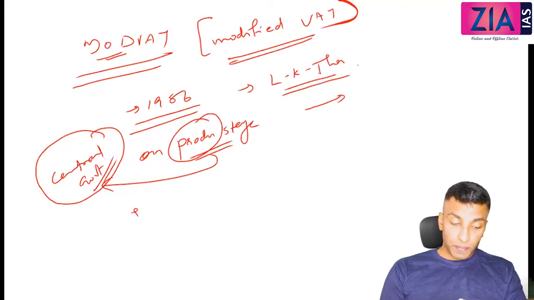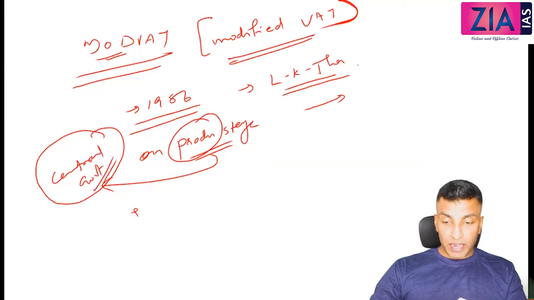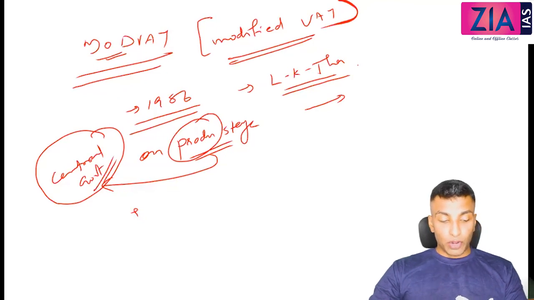Under Modvat, manufacturers have to pay taxes on the basis of their value of output, but the taxes paid on inputs.